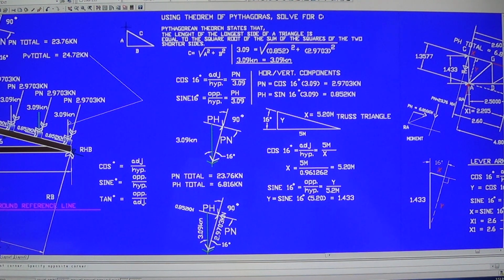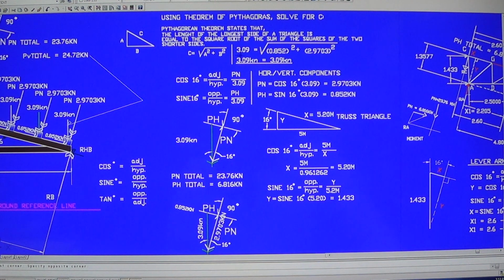C is the hypotenuse. This is the 3.09. We need to get that to make sure our PH and PN, these two, are correct. So you have to check that.